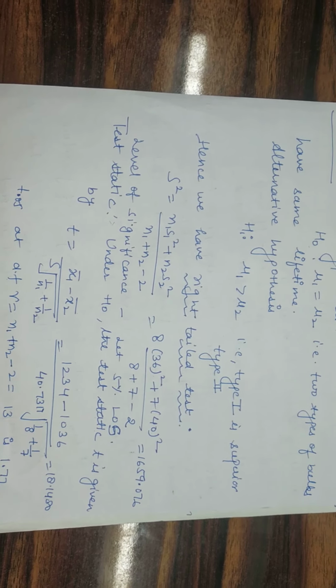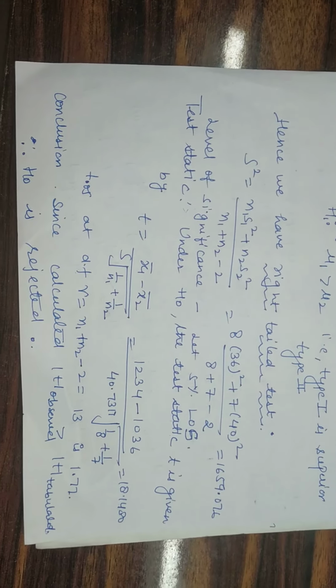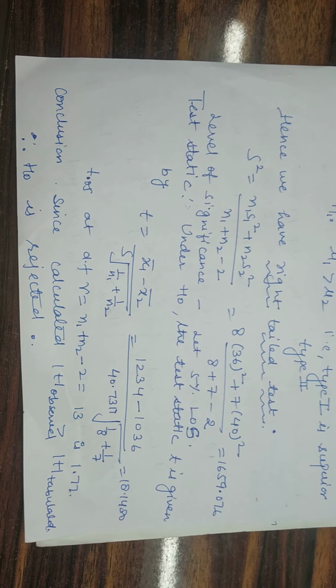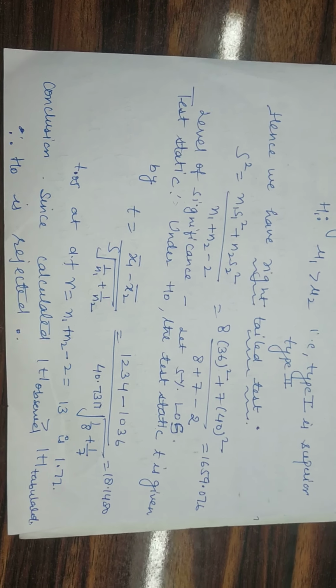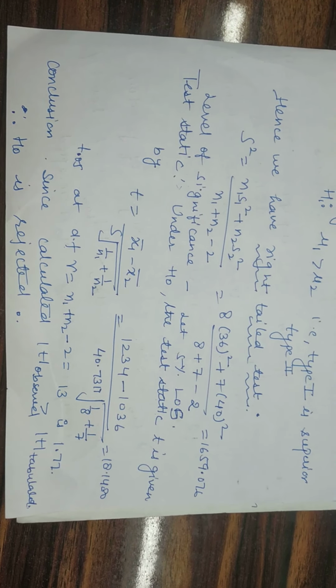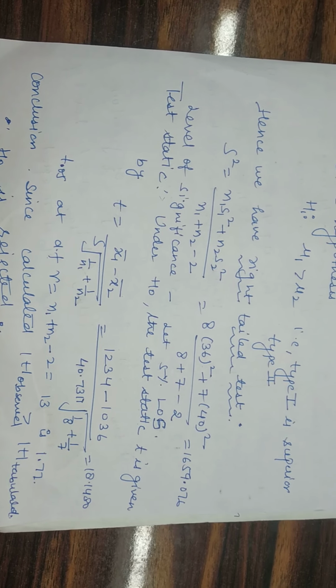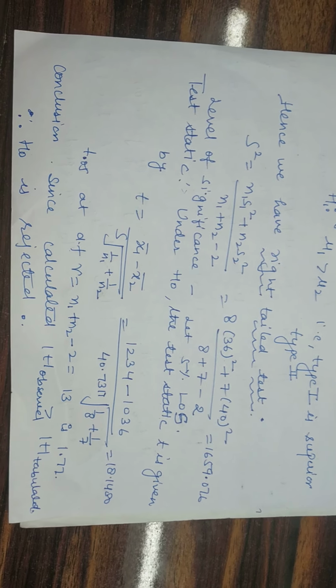Now we'll calculate the standard deviation, and similarly the T statistic. Degree of freedom is n1 plus n2 minus 2, that is 13, and we take 1% level of significance, which gives 1.77. Conclusion: since calculated T observed is greater than T tabulated, H0 is rejected.